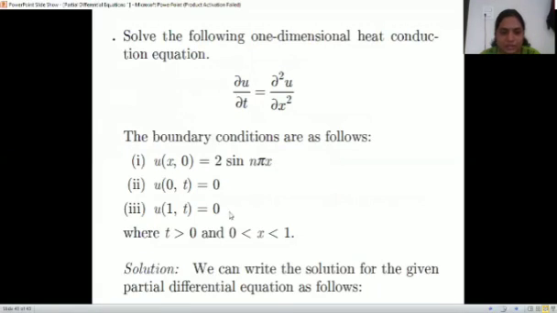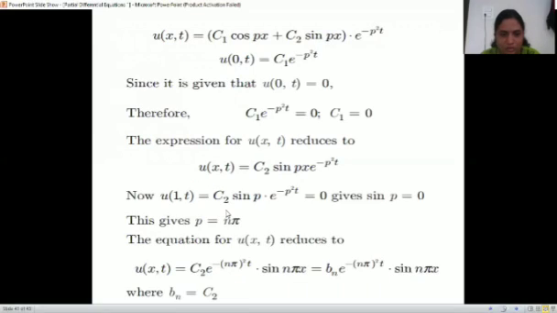Next we apply the next condition, that is u(1, t) is equal to 0. So c2 sin p only, with x is 1, and t as it is, but it is equal to 0. The exponential is not 0, and c2 is also non-zero. We cannot directly say this, so sin p must be 0.